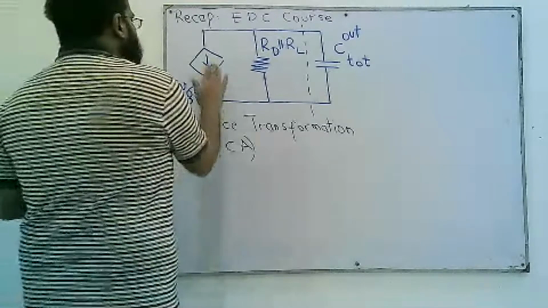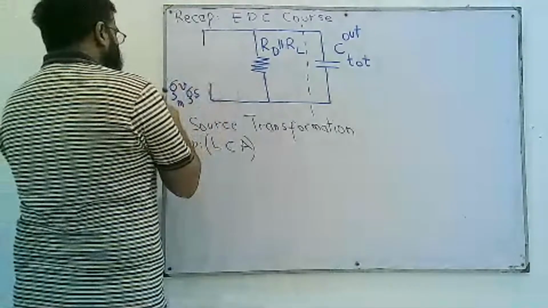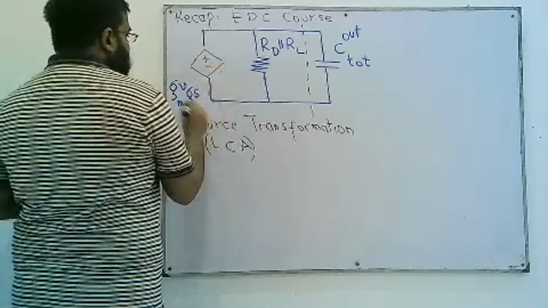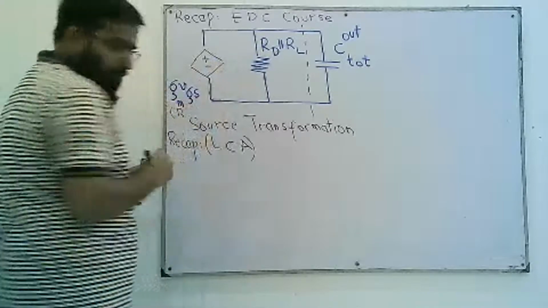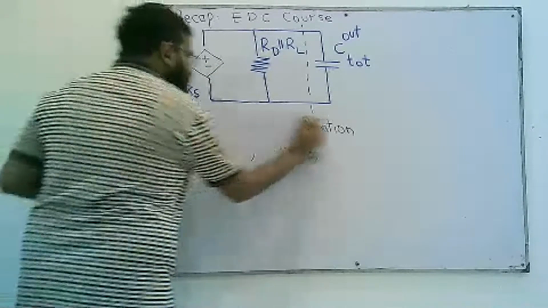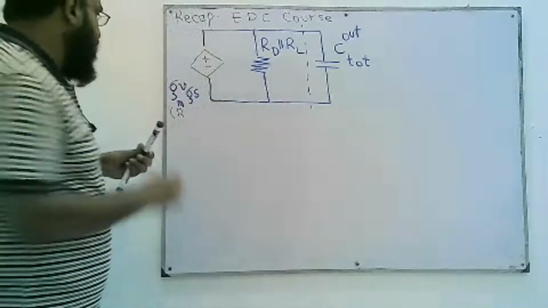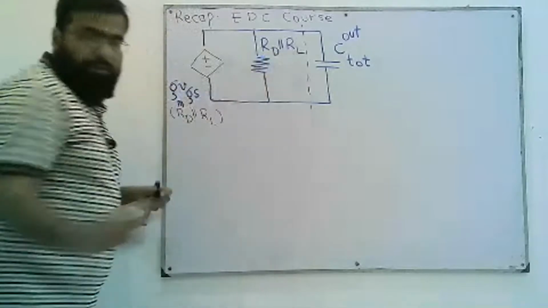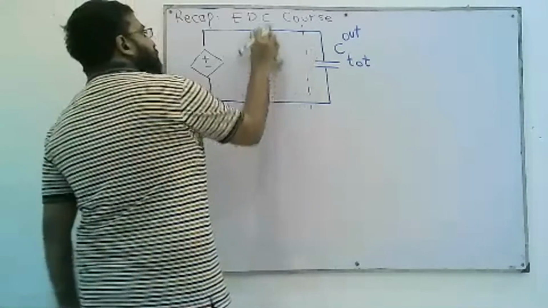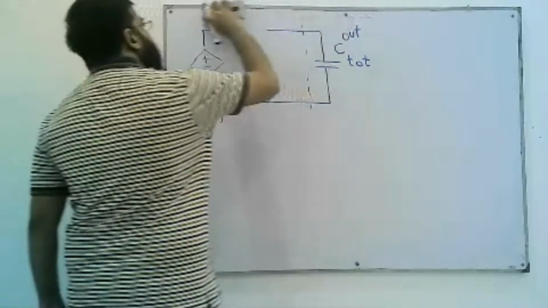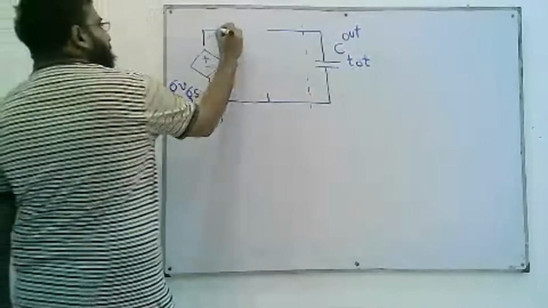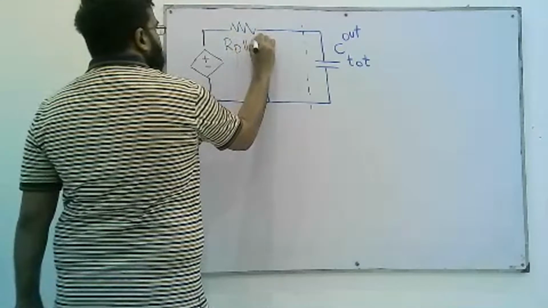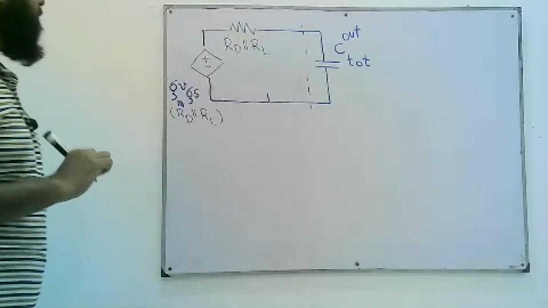So we can convert it into a voltage source, and that voltage source would be GM VGS times RD in parallel with RL, and the same resistor is no more in parallel, but in series now.